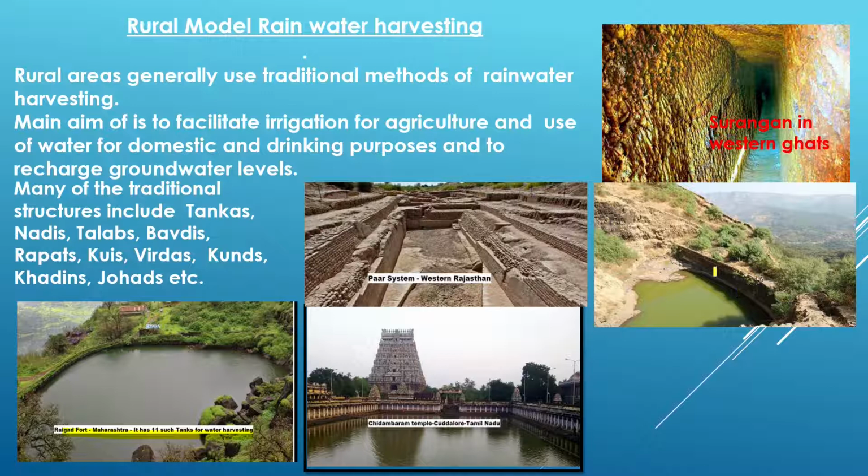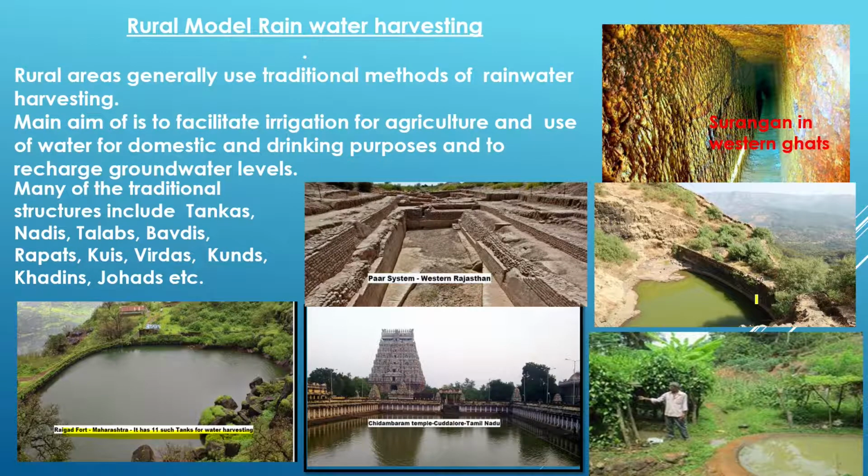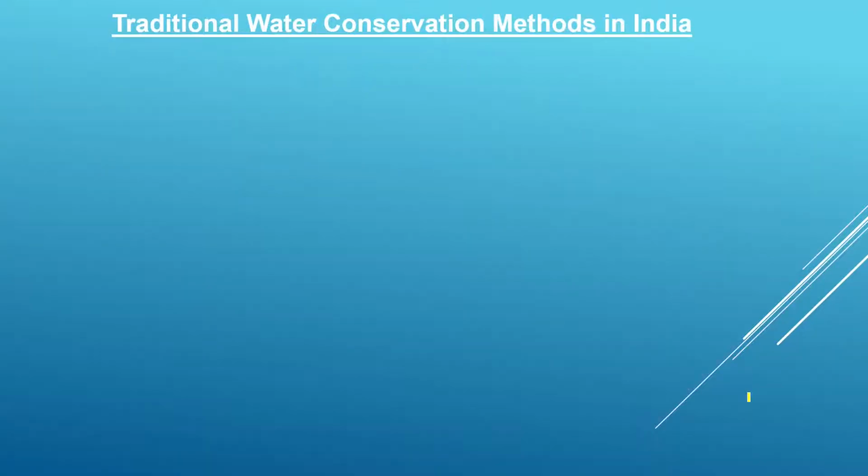Here we can see the check dams along the slope. Water is getting collected from the highland area to the pond over here, that is in Eastern Ghats.